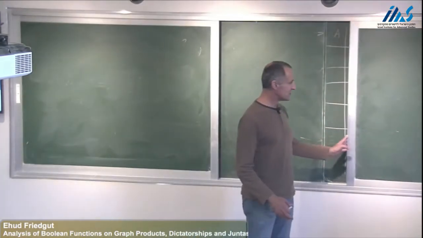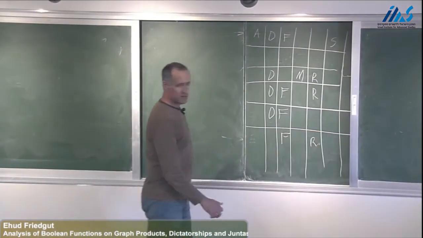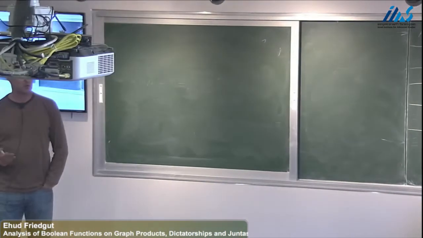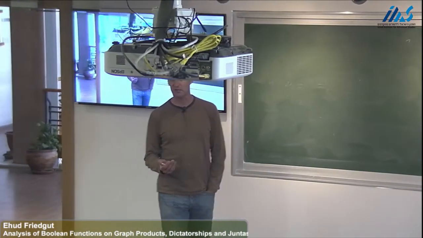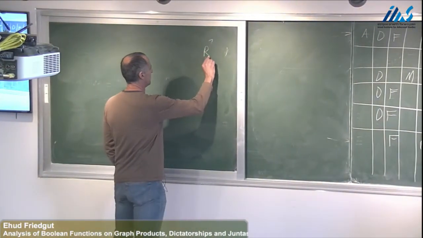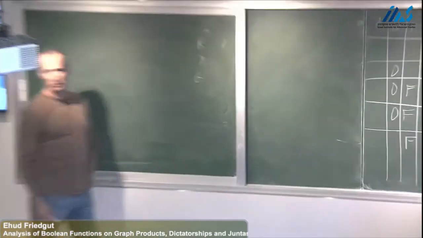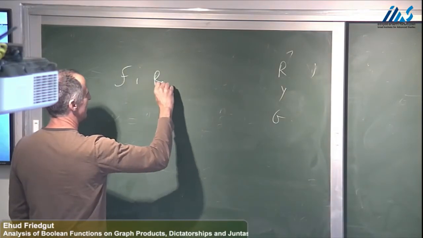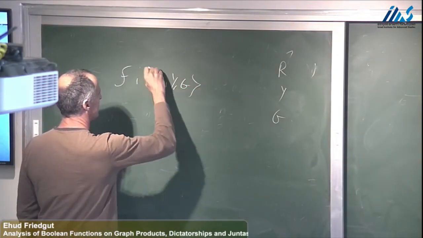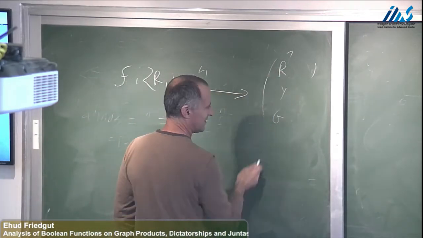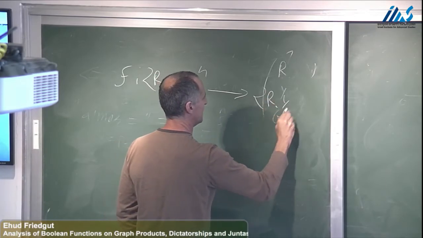So here's the problem. It was a popular puzzle in Hungary in the 70s, maybe before the 70s, but in 77, Lovász and Greenwell wrote a paper about this puzzle. So it's the traffic light puzzle. You have a traffic light that's red, yellow, green, and it's controlled by n switches. So there's a function from {r,y,g}^n to {r,y,g}.